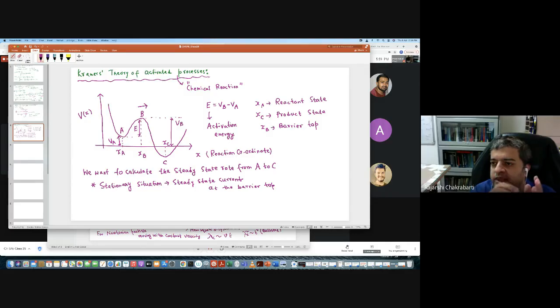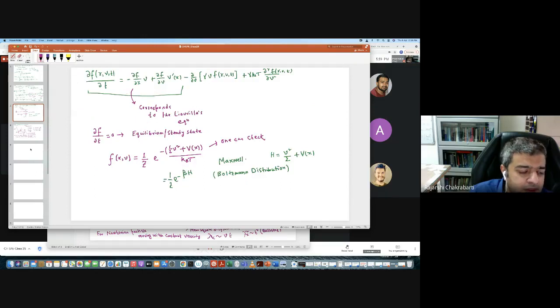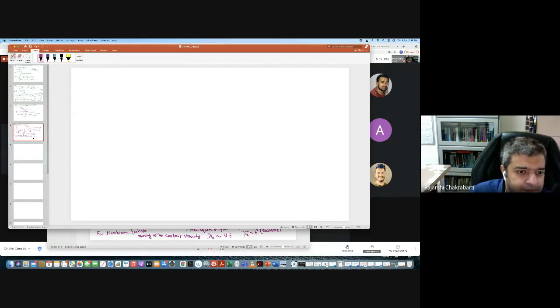It equilibrates, and then there will be rare events. One of the particles will get some energy and surmount the barrier. These are rare events, of course, but I am to calculate this in the steady state. What does it mean? It basically means the equation shown here, this Kramers equation.